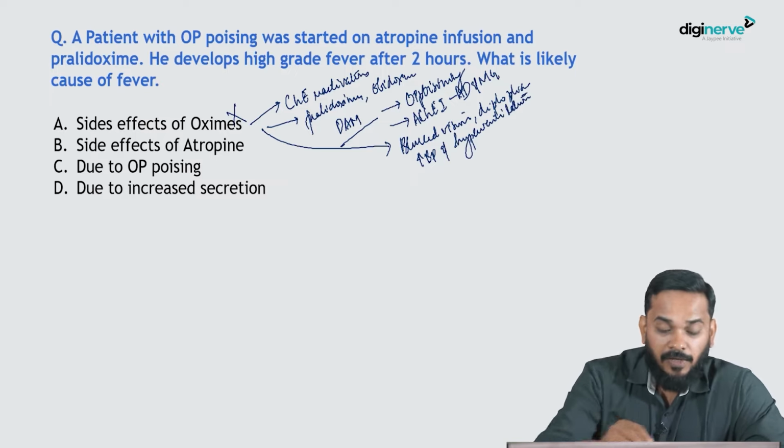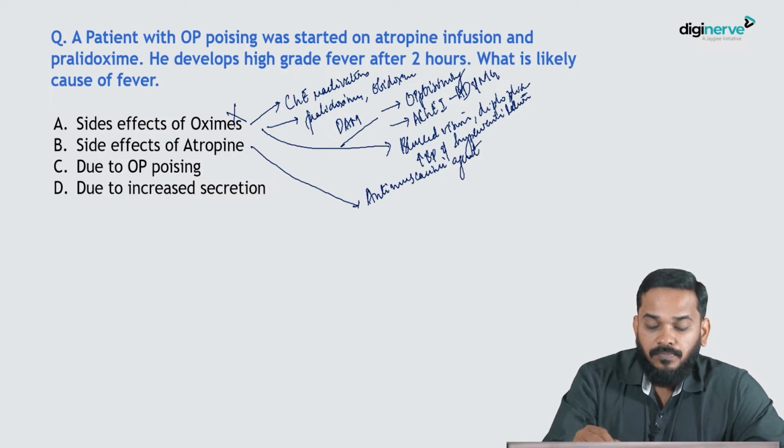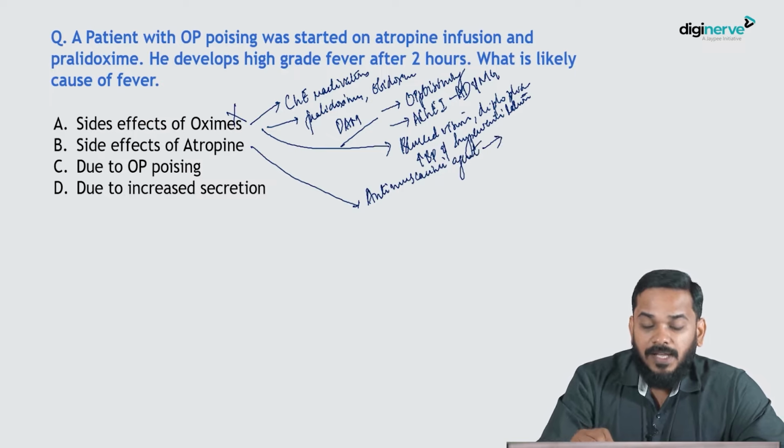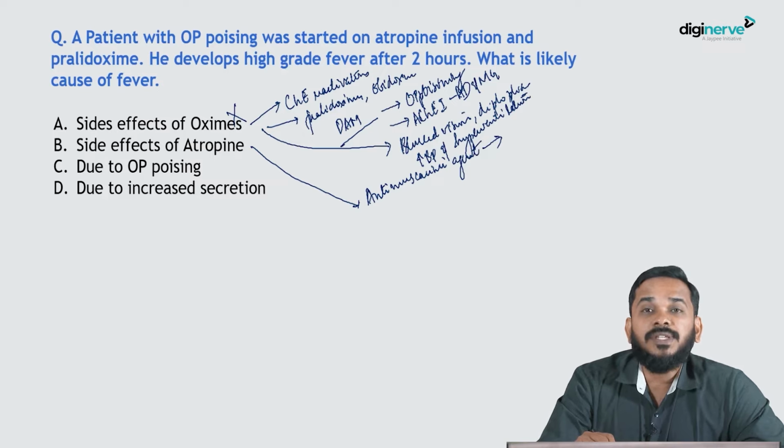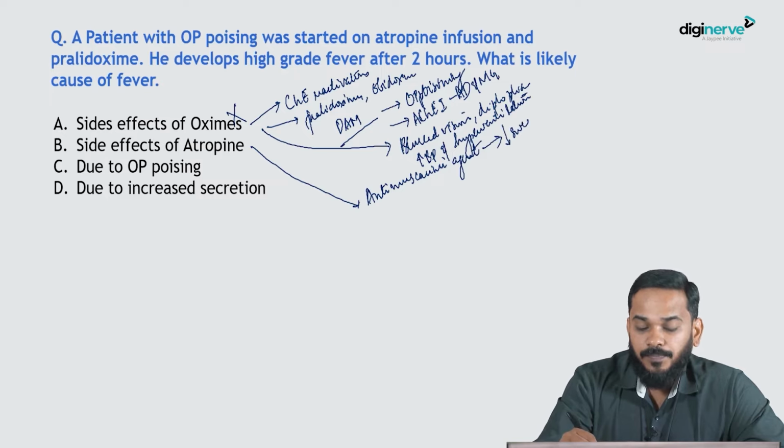Adverse effects of atropine. Atropine is an anti-muscarinic agent. It blocks the muscarinic receptors and counteracts the symptoms of organophosphate poisoning. Atropine reduces sweating, thereby increasing the body temperature.